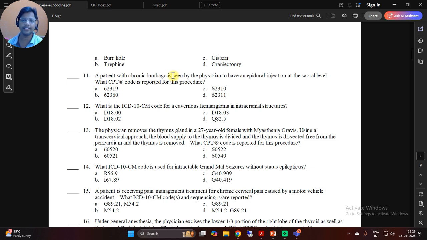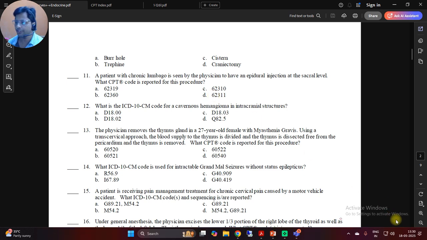But based on this scenario, it did not mention whether it is injection or infusion. In CPT we have separate codes for infusion and separate codes for injection. So based on this scenario, you need to code 62311.